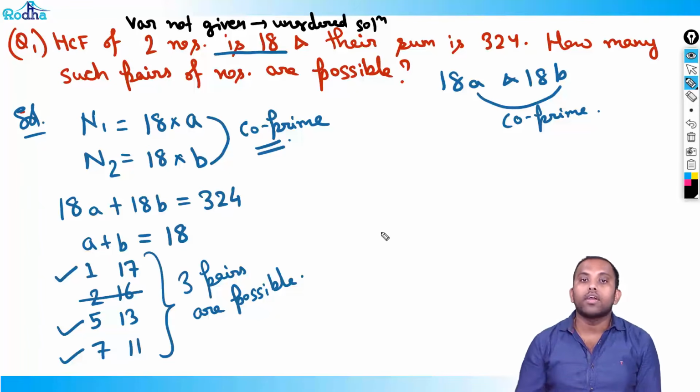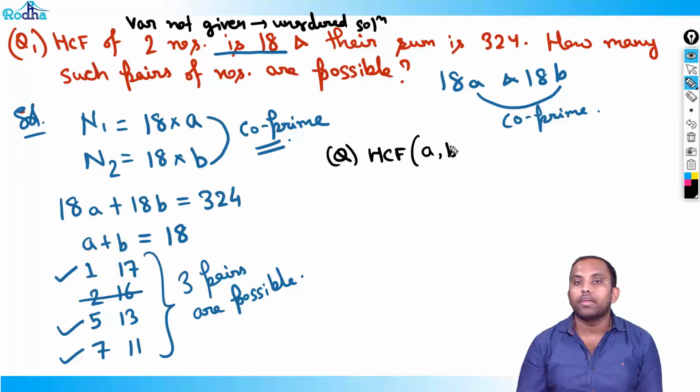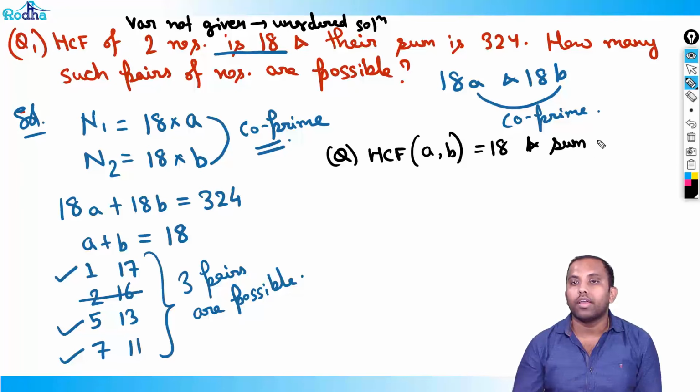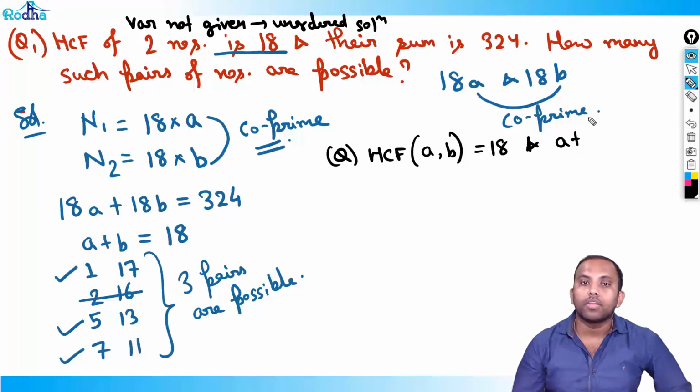When will the answer be 6? If the question was: the HCF of A comma B is 18 and A plus B... A and B I have already used here, so let's change the terms.